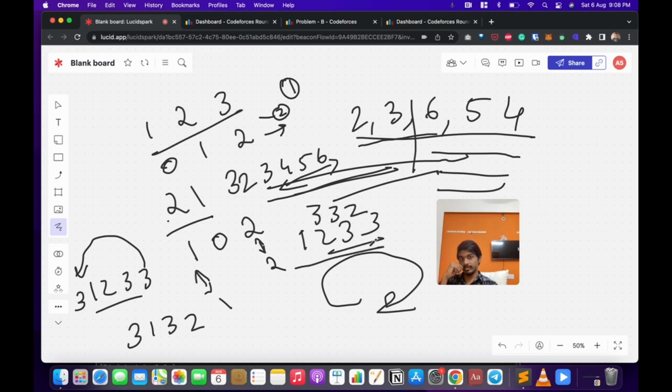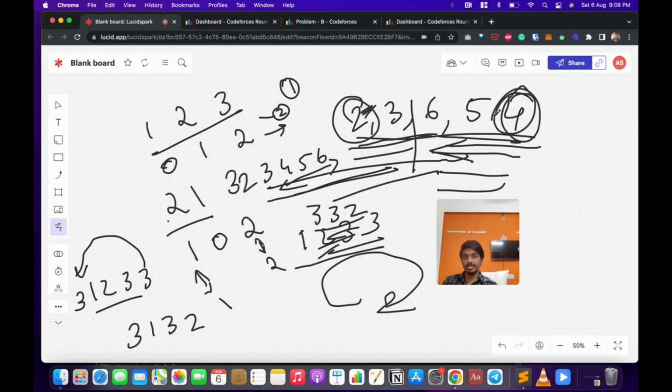This is fine. So this should be sorted, then this should be sorted. What you have to do is this number should be greater than this number. This is the transition point, right? This number should be greater than this. Okay.